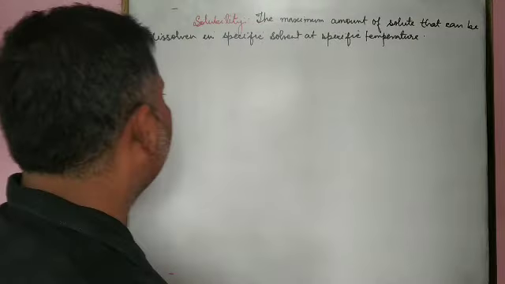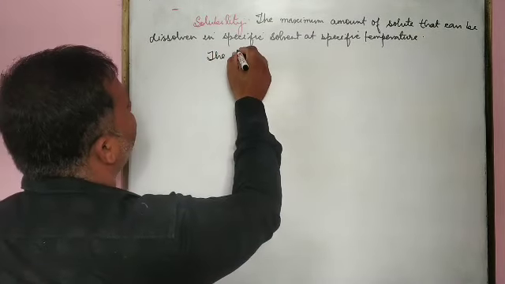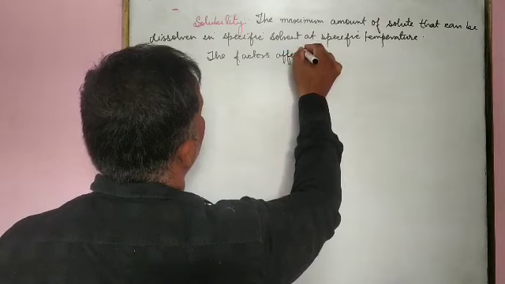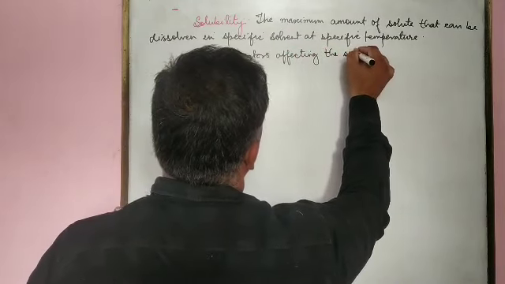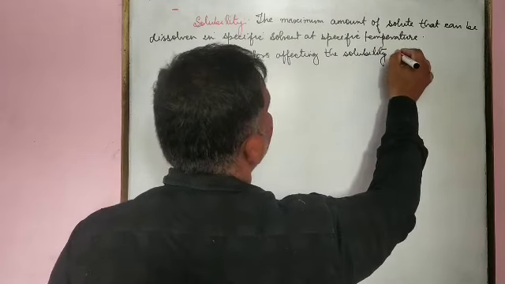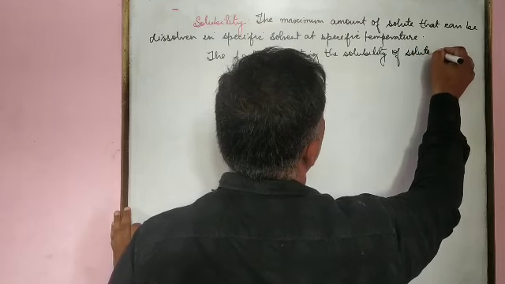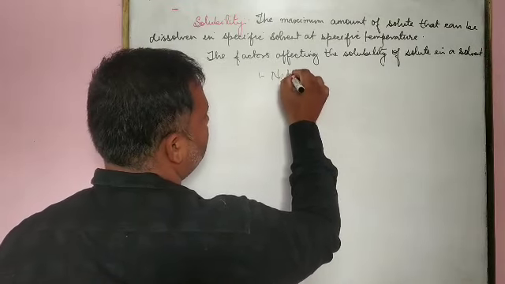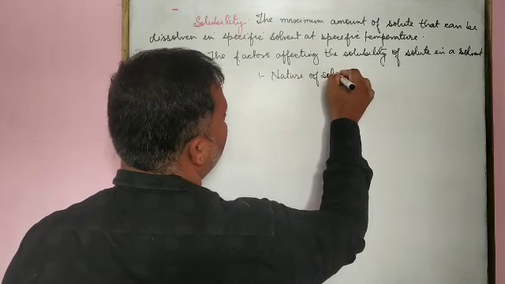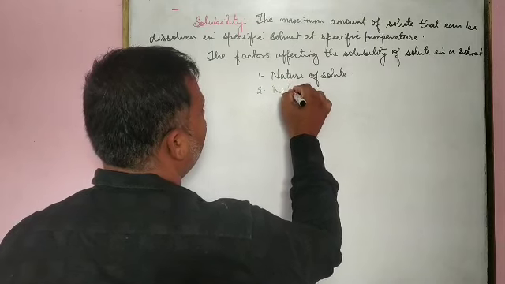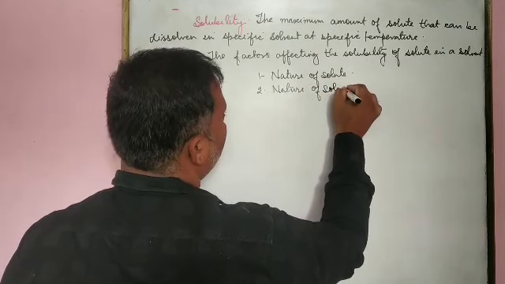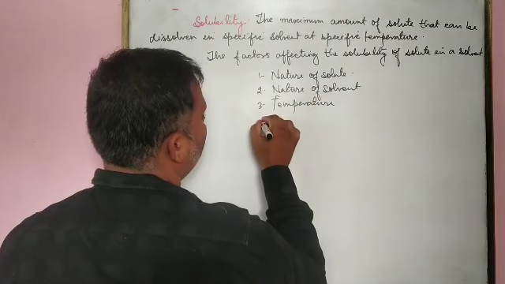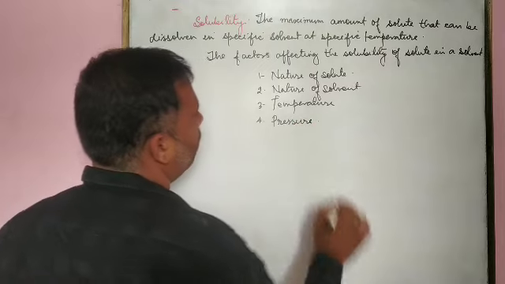Factors affecting the solubility of a solute in a solvent: the first one, nature of solute; the next one, nature of solvent; the next one, temperature; and the next one, pressure.